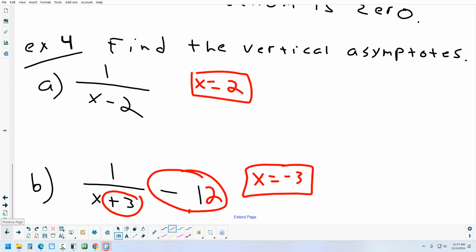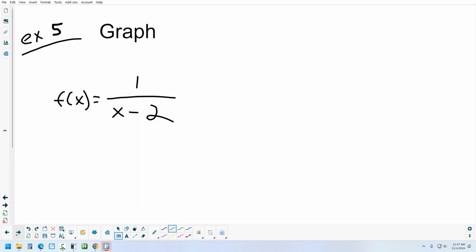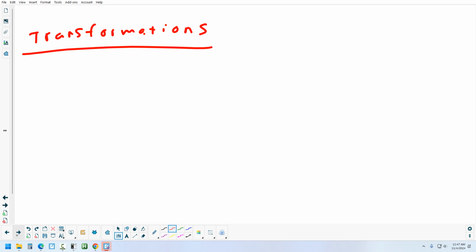So there's 4 different numbers we can have. Shifting up and down, shifting left and right, stretching up and down, stretching left and right. So I'm going to make a diagram that shows you what each number is and where it would be. So there's 2 ways we can write it. We could write it, let's see, like this.